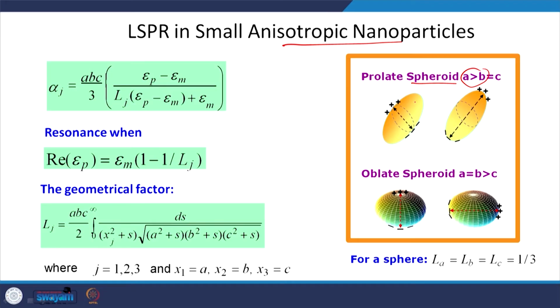And what you see is that alpha is now a function of j indices and they can vary. So, if m is the medium surrounding this, actually it should be s, as later on we will see, and if you have different dimensions x1, x2, x3, then you have to have a geometrical factor which also plays a key role in determining the resonance.